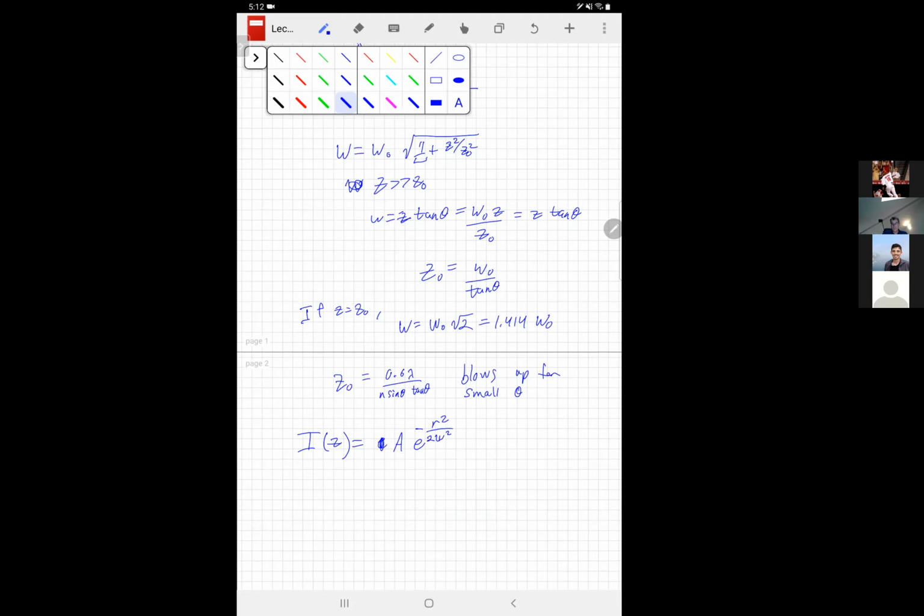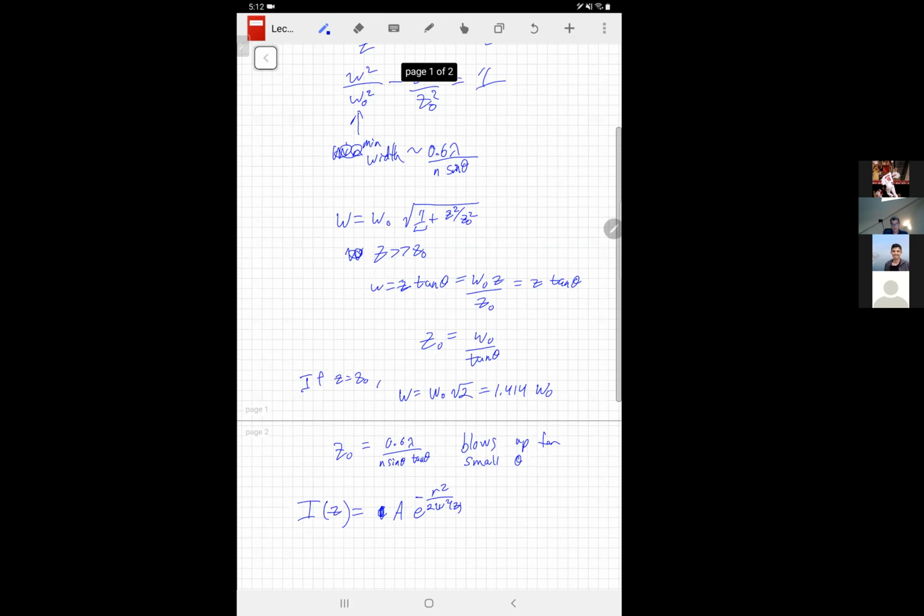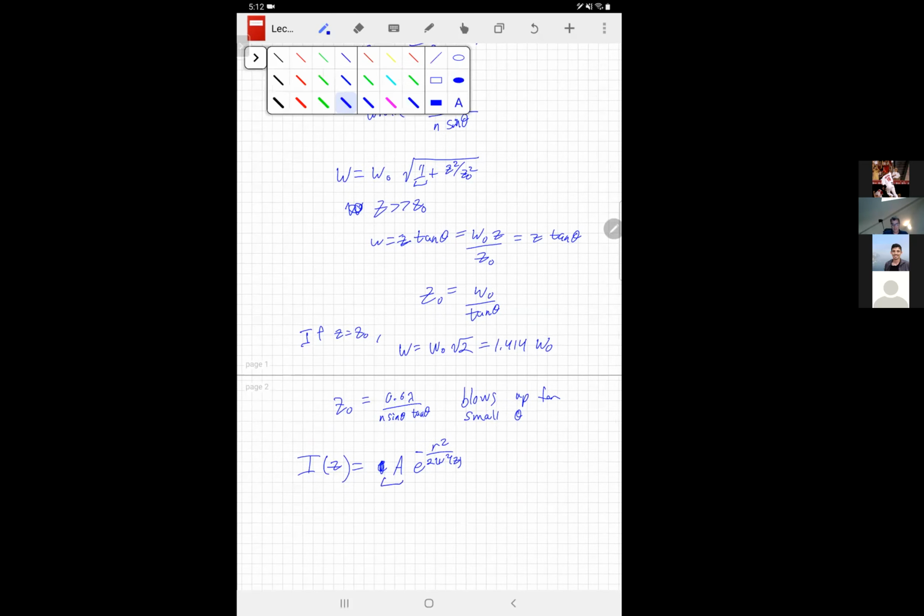Right? And you'll see why I do that. W squared, of course, depends on Z. And now let's try to work out what the profile of the beam would be. What is this constant A?